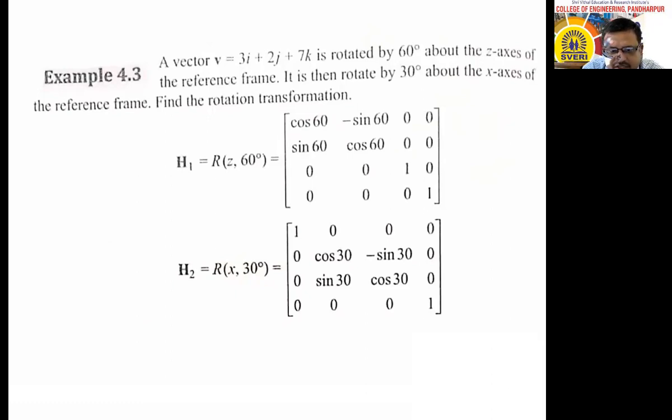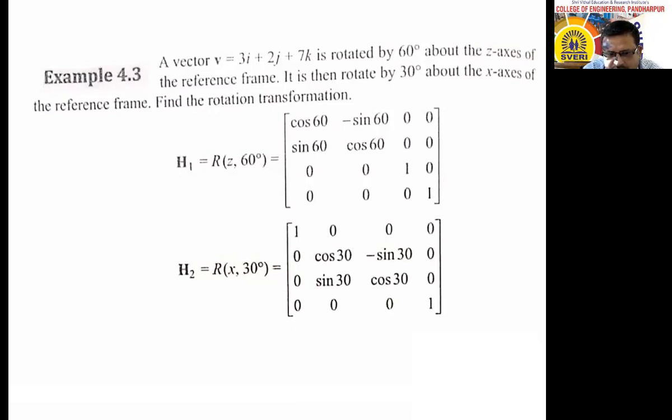Find the rotation transformation. Therefore, H1 is equal to Rz60, which is equal to cos 60, minus sin 60, 0, 0; sin 60, cos 60, 0, 0; 0, 0, 1, 0; then 0, 0, 0, 1.